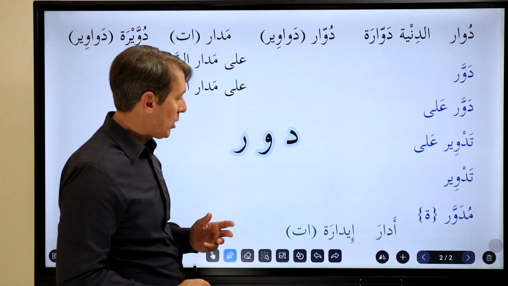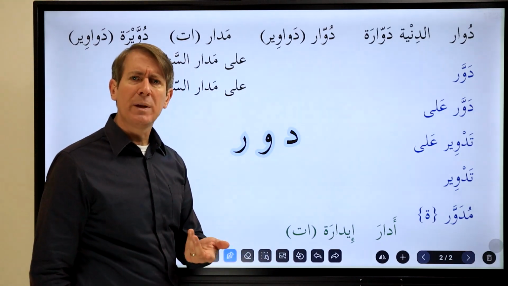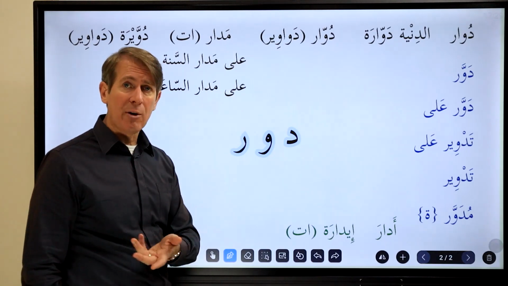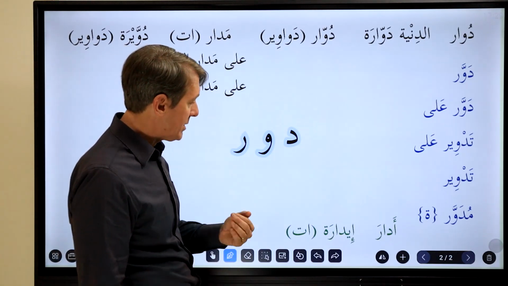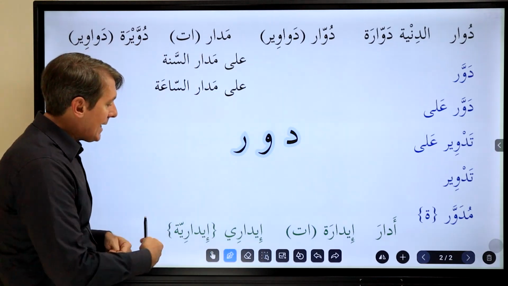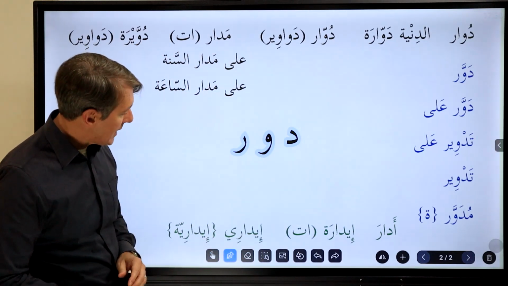But it could also be somebody in the idara like a support staff, like a muhasib, accountant, or secretary. So idariya is the adjective from idara.